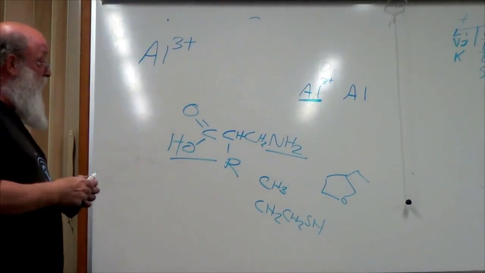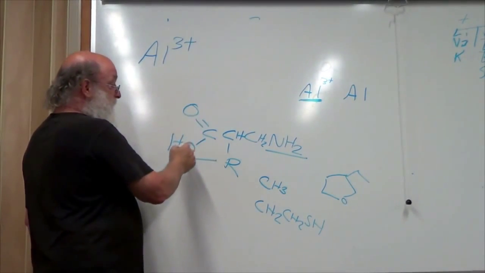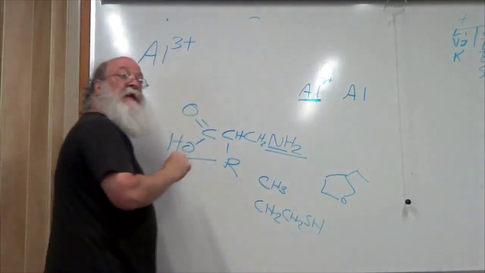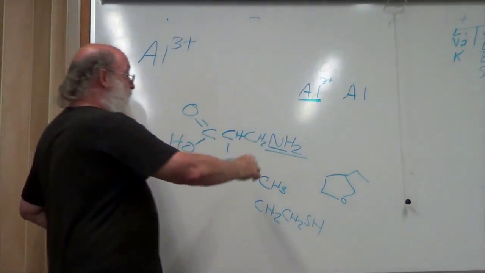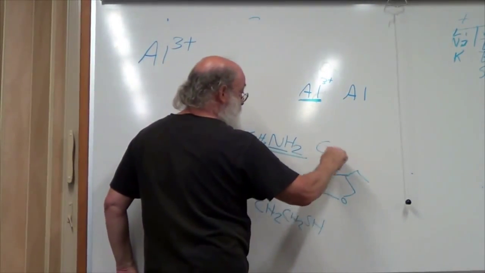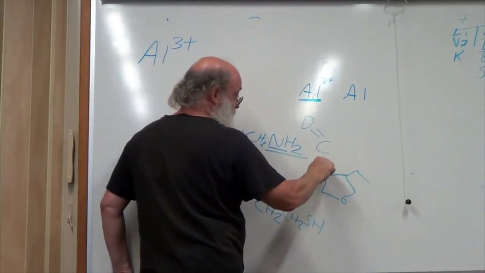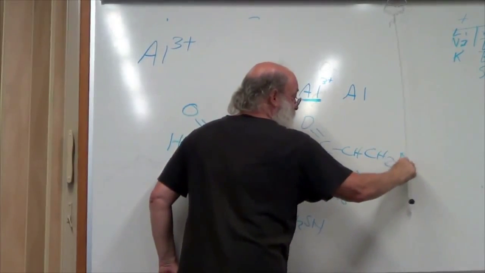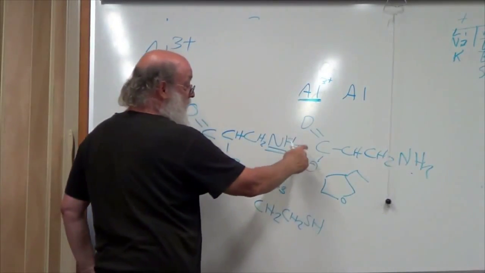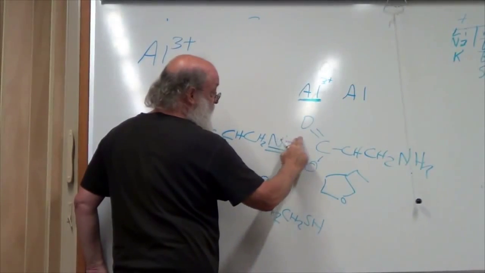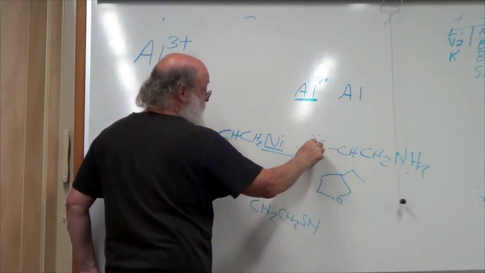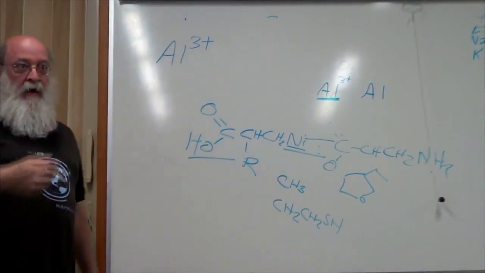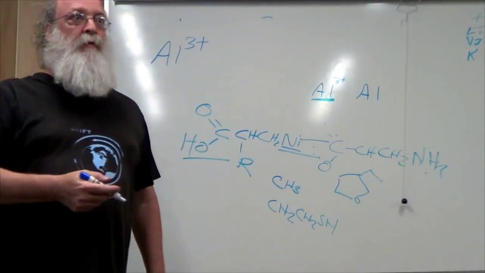But in essence, what happens is the acid side of one amino acid condenses with the amine side of the next amino acid, and it makes a structure that has, well, let me draw it this way. That condenses a water out here and makes a bond so that these get bonded and you end up with a chain of amino acids, and these amino acids make up the proteins.